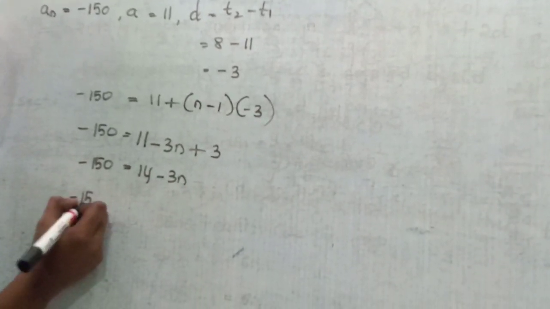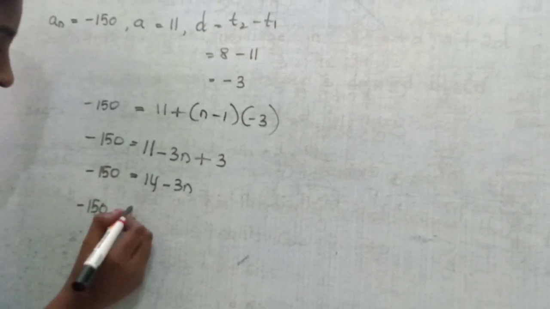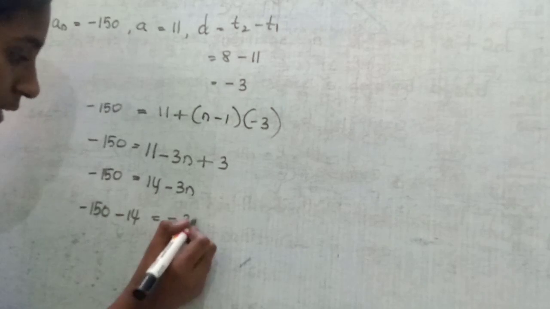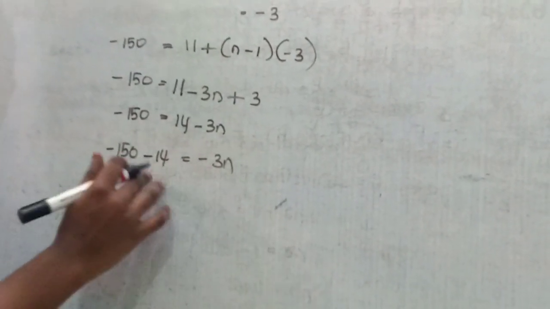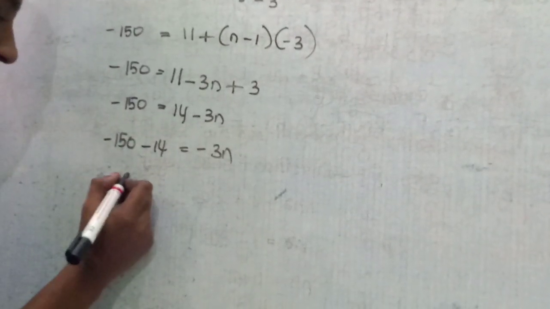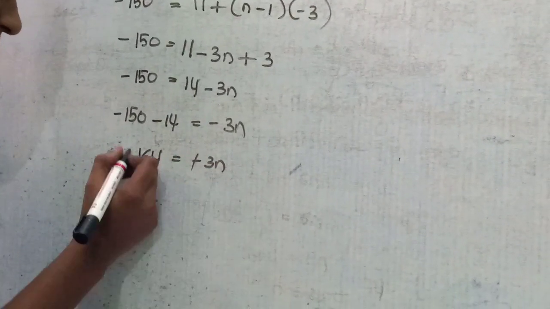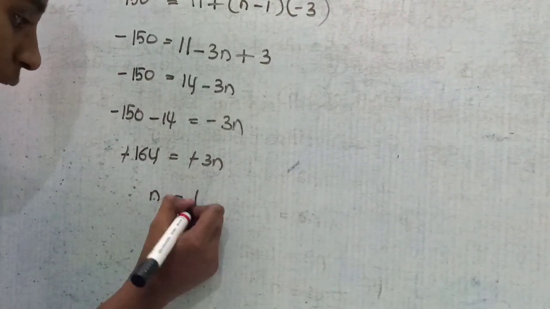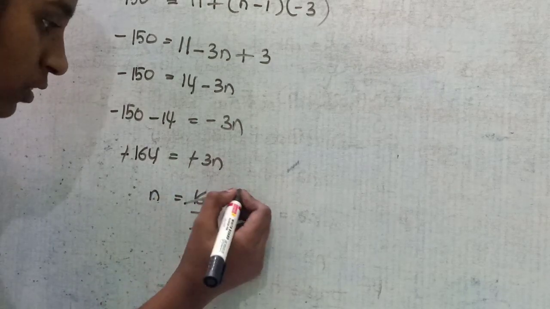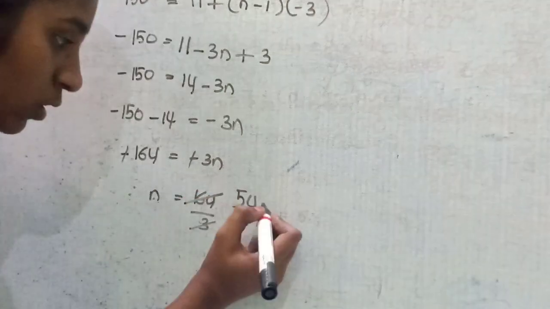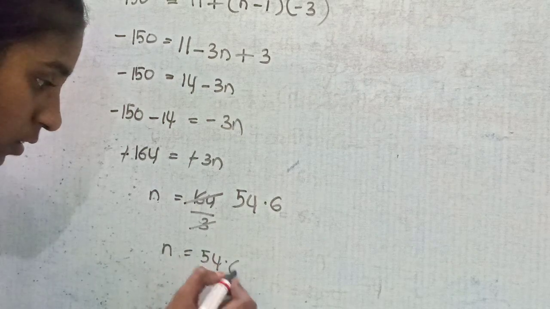Minus 150 minus 14 is equal to minus 3n. Minus into minus is plus; we should add the numbers and keep the minus symbol. Minus 164 is equal to minus 3n. Minus minus get cancelled. n is equal to 164 by 3. Therefore, n is equal to 54.6.